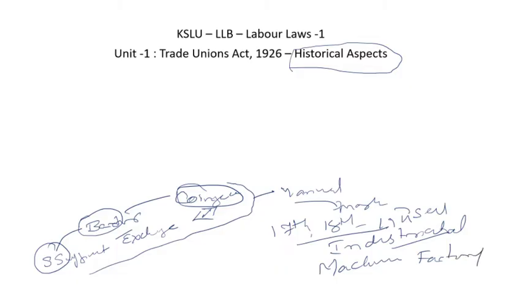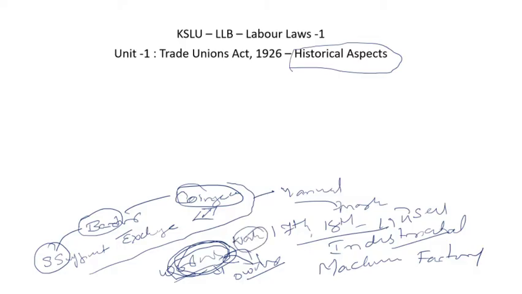This resulted in a lot of differences between workers and owners. Owners started exploiting the workers. When this exploitation increased, workers started becoming one team and started fighting against the owners to get better working conditions. That is why workers coming together to form an organization is called a trade union.